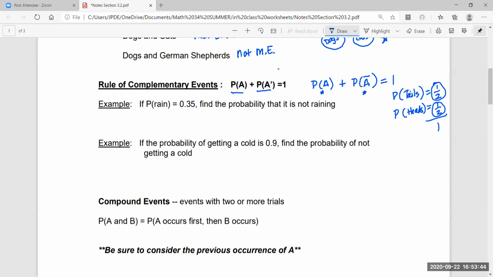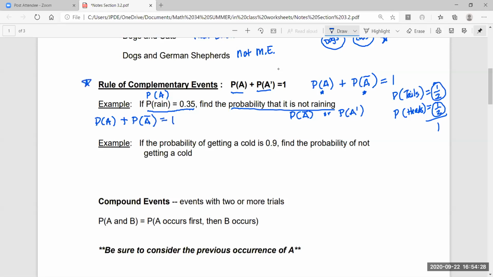So this first one, we know that the probability of rain is 0.35. So you can think of this as our initial event. And then it says find the probability that it's not raining. So not rain would be the complement. So you'd either use the A bar or you'd use the A prime. Well, here's what we know. We know the probability of an event plus the probability of its complement equals 1.